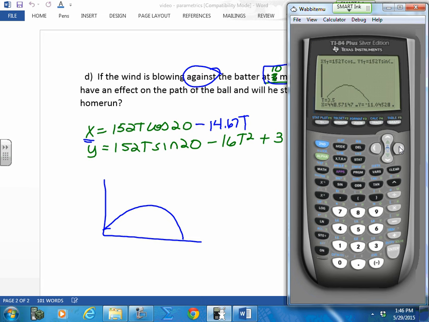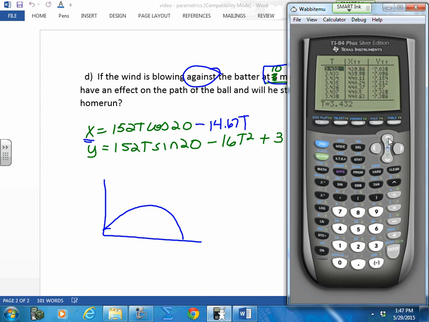So again, we have our table set at 3.5, and increment it by 0.001, and we can get exactly 440. If you find it's too far for you to flip through, reset your table set. Start it at a lesser time, and you'll get there. This wasn't so bad. You can get there.